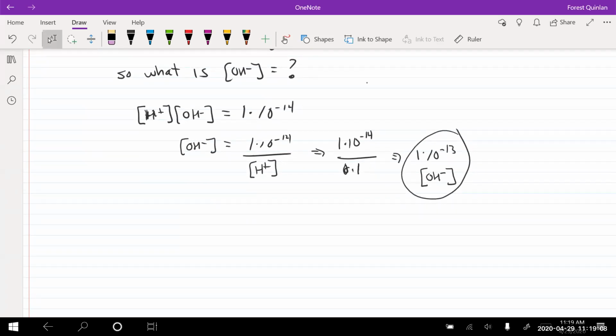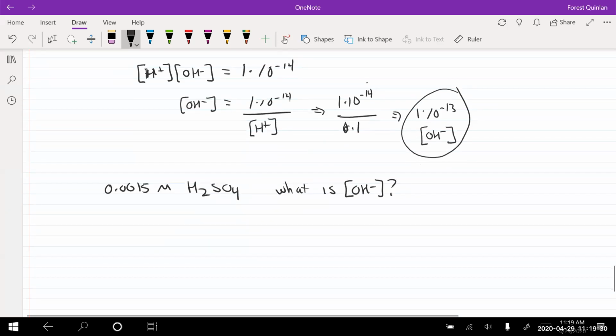What if I have 0.0015 molar H2SO4? What are the concentrations of H plus and OH minus?